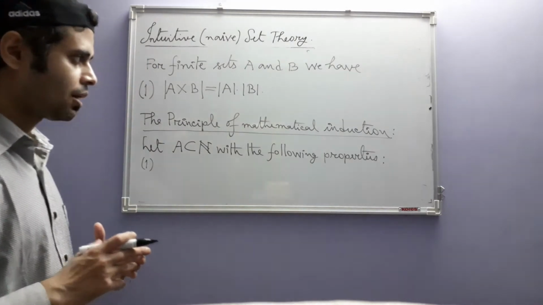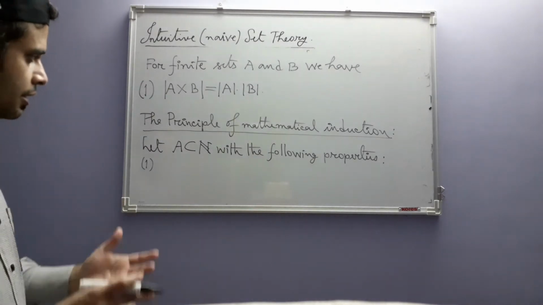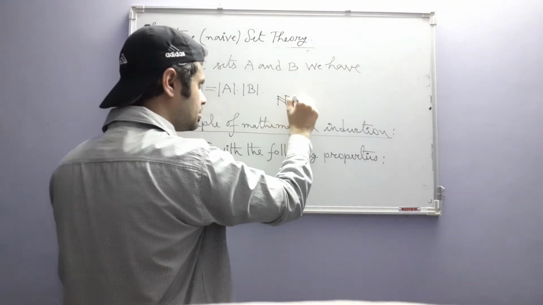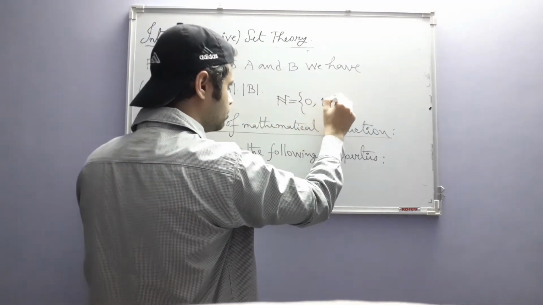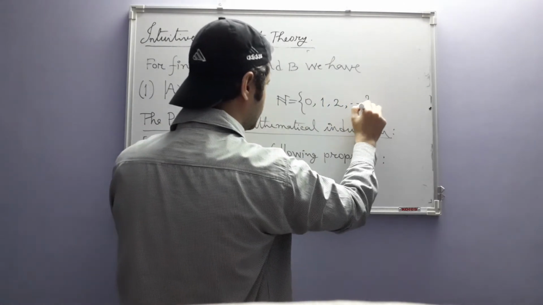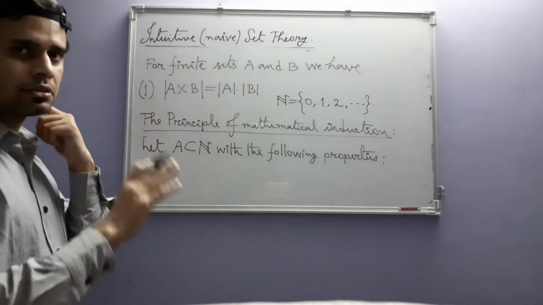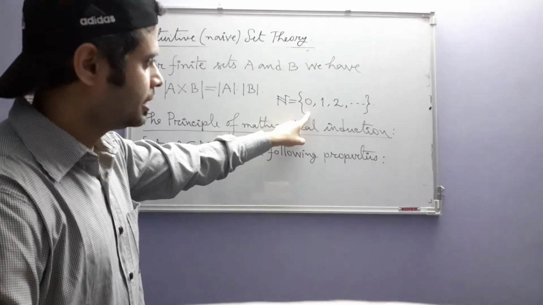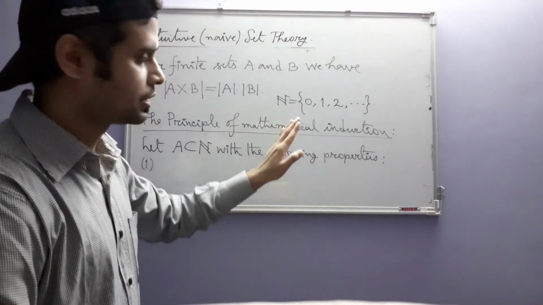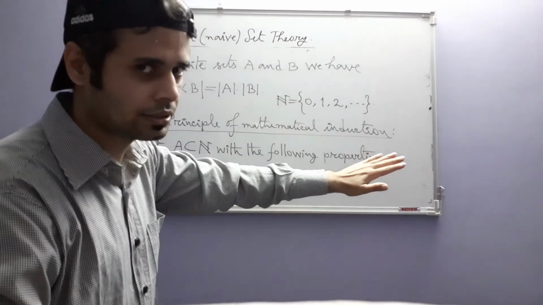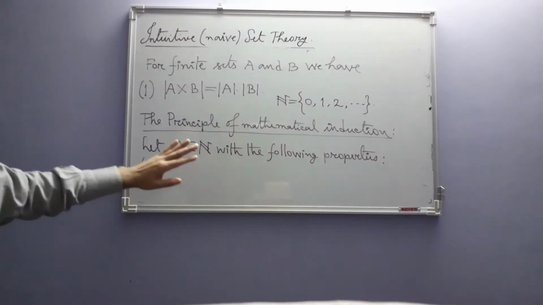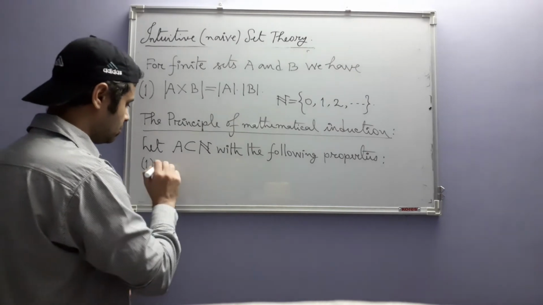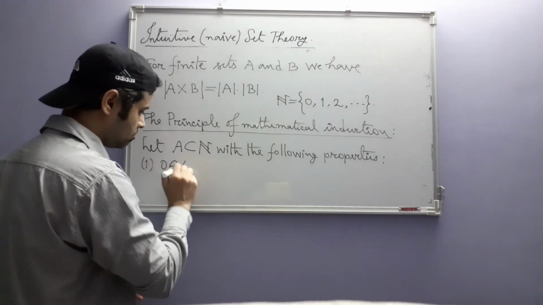Let us from now on make it a convention that for us N will mean this set. We are not going to say this again and again. For us, the set of natural numbers has 0. Okay, it's not the set of positive integers, it's the set of non-negative integers which are not negative. So N has 0. So number 1, 0 belongs to A.